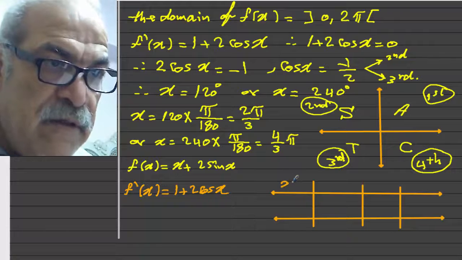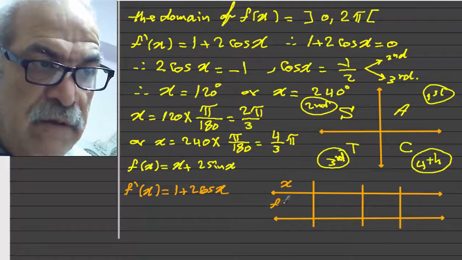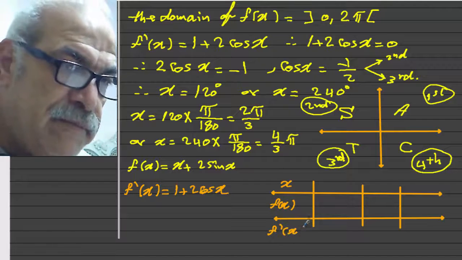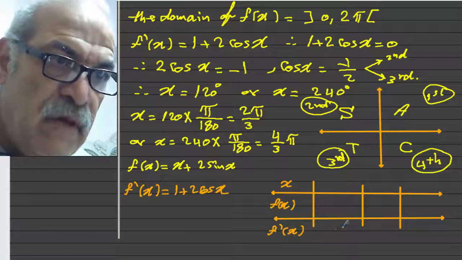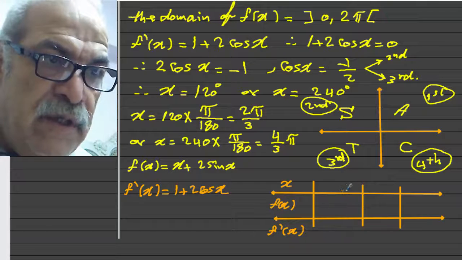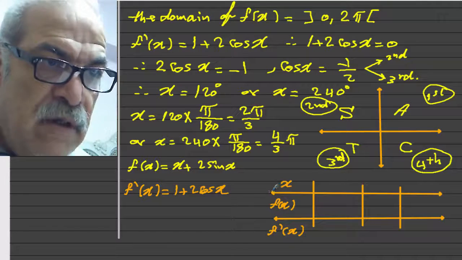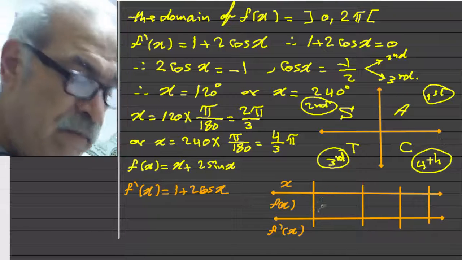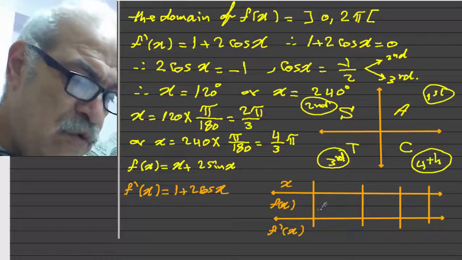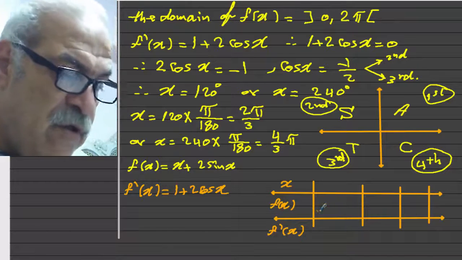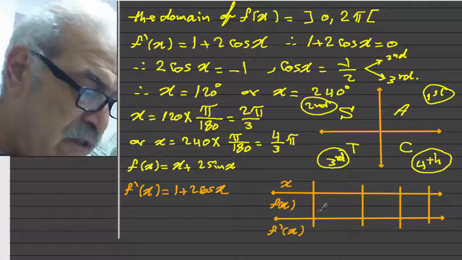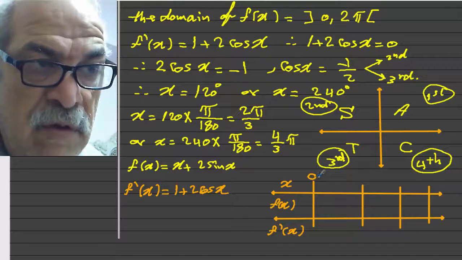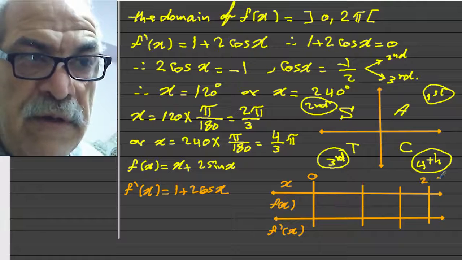Here we have x, f of x, f dash of x. Okay, and we'll take some numbers. Don't forget that the domain is from 0 to 2 pi. It is not from negative infinity to infinity.